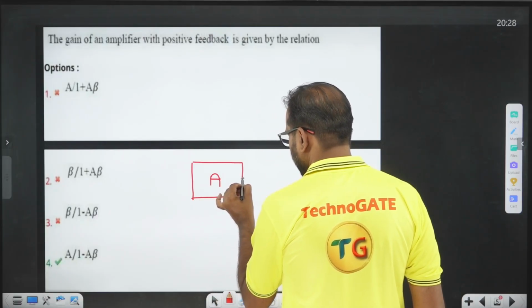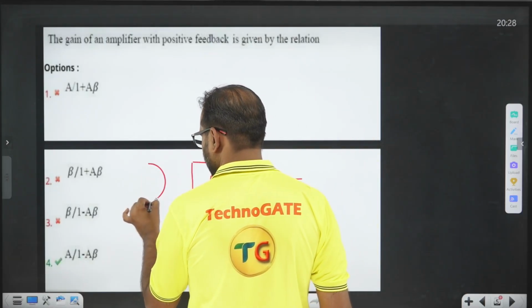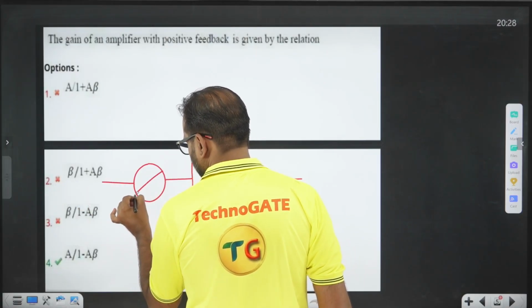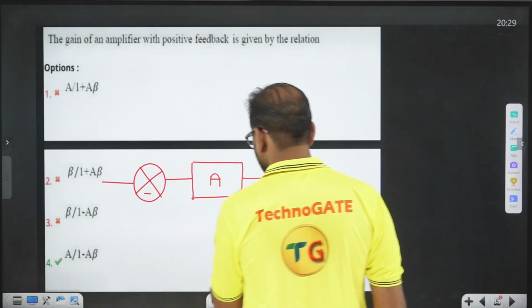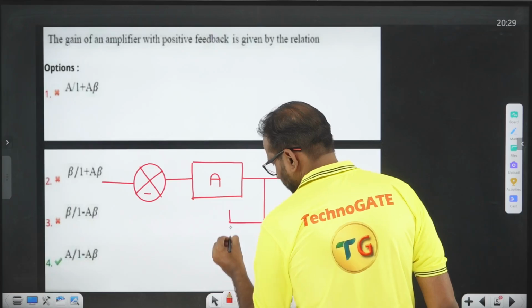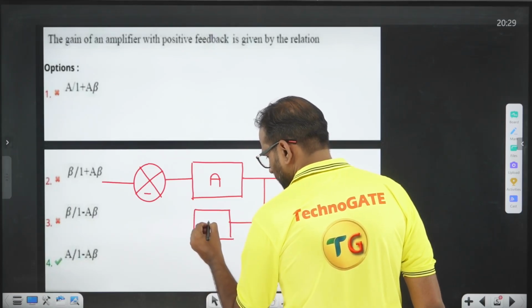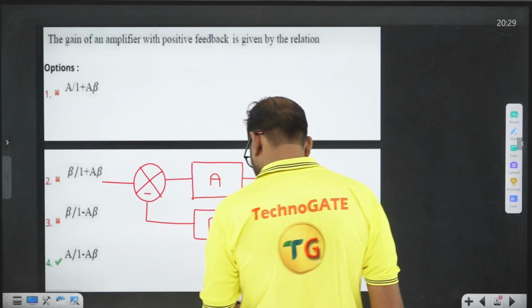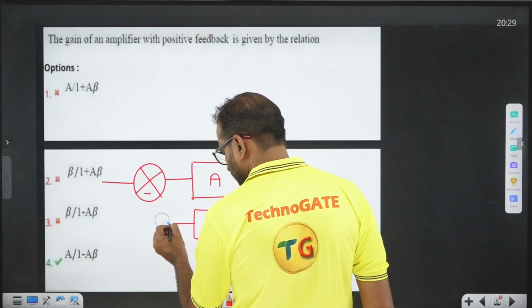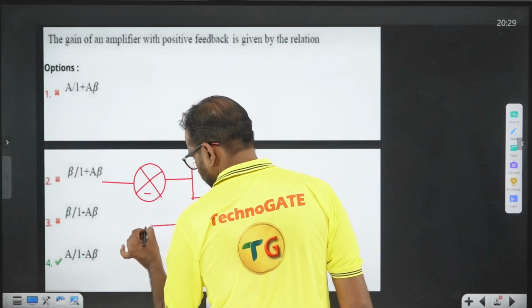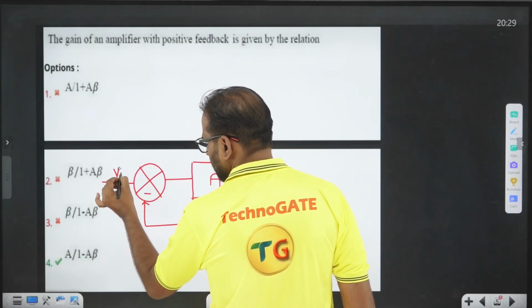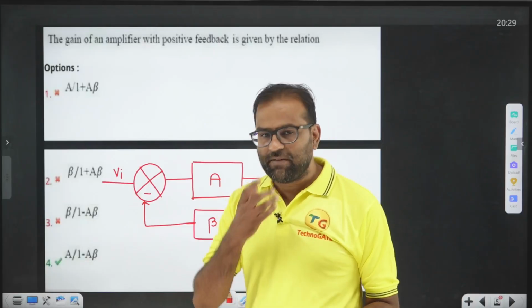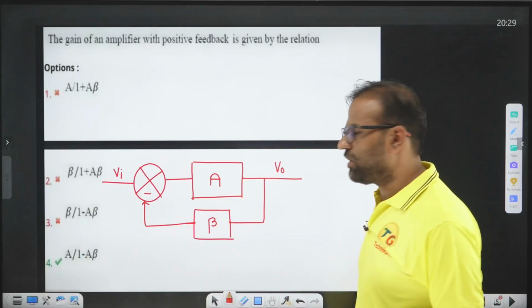This is A, this is VI, this is VO. Generally we see this type of system because most systems come in the category of linear systems.